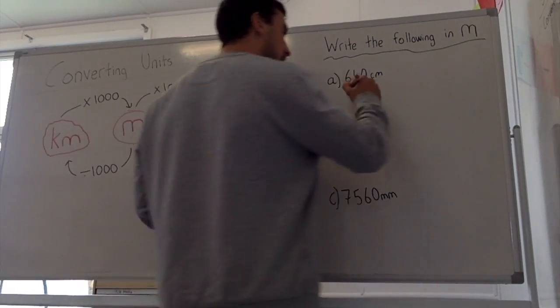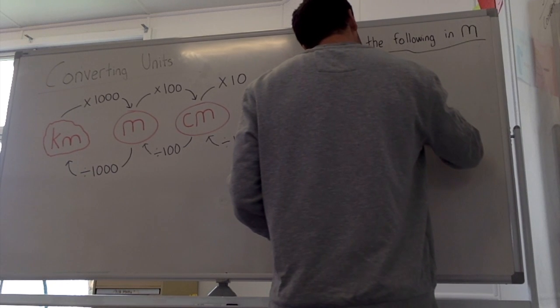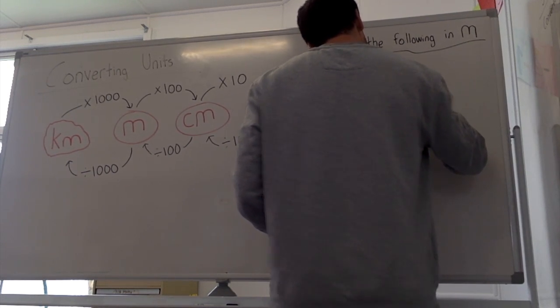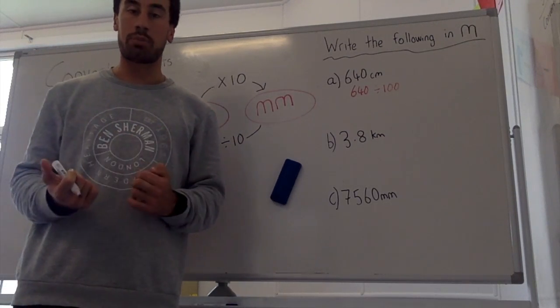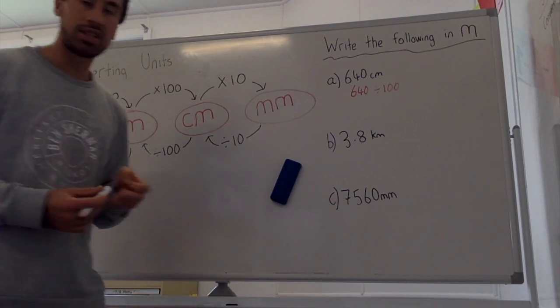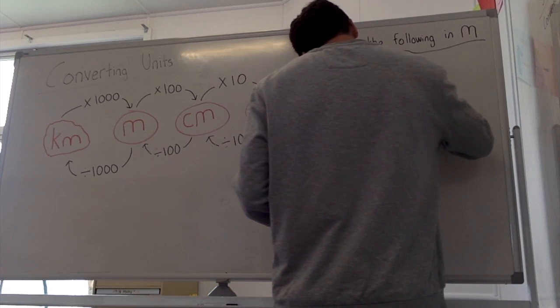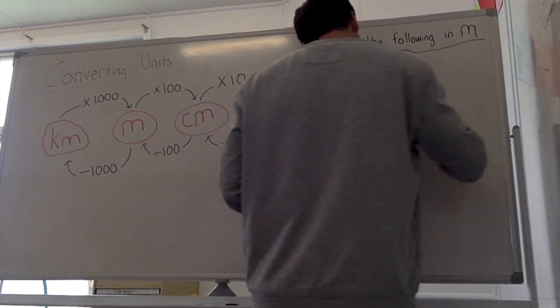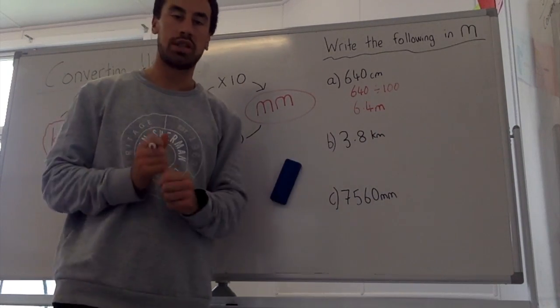So our first step in our working out, we go 640 divided by 100 because we're going from centimetres to metres, and that gives us 6.4 metres, making sure we're writing our units in there.